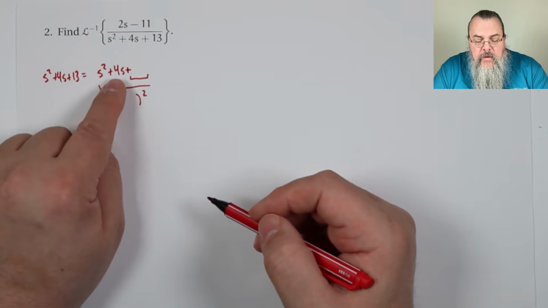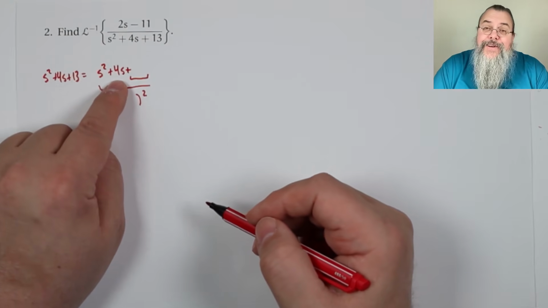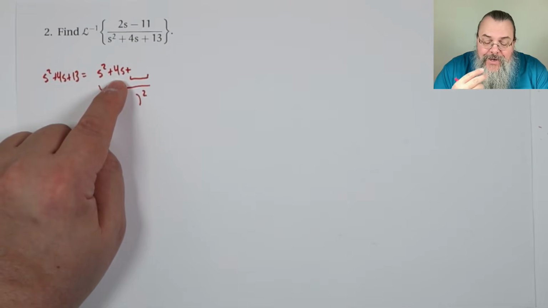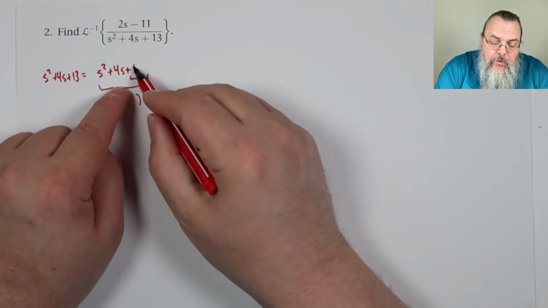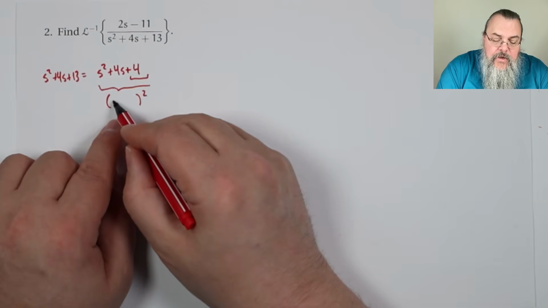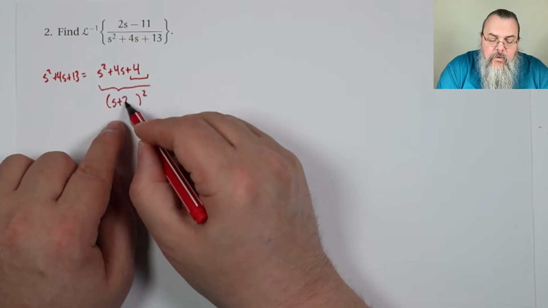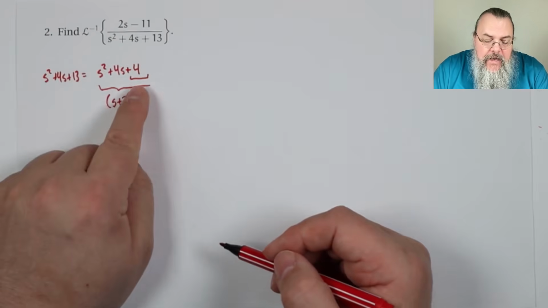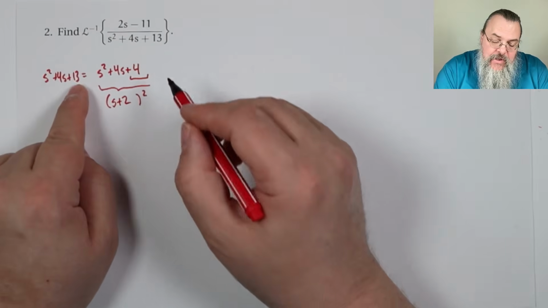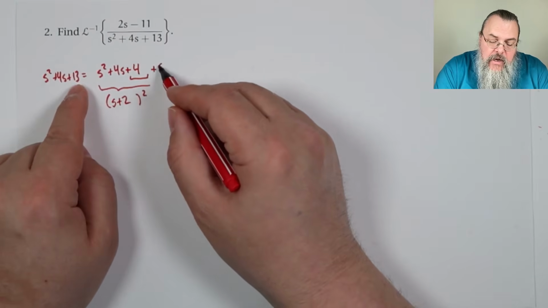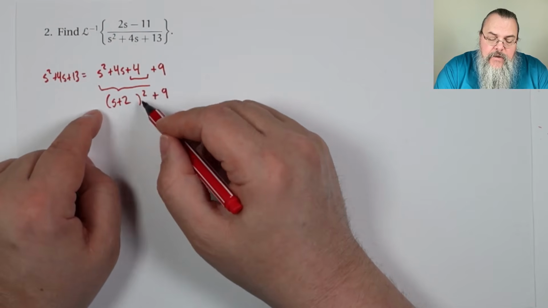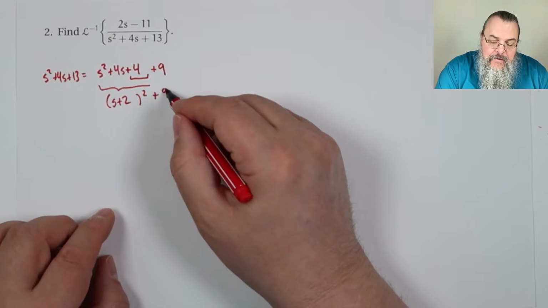Take the coefficient of s, divide by 2, which gives us 2, and square that. If it was a 4, then life would be good. In fact, it would become (s plus 2) squared. Nice. Now, the problem is we don't have a plus 4, we have a plus 13. So that leaves us with 9 left over. So it's (s plus 2) squared plus 9.